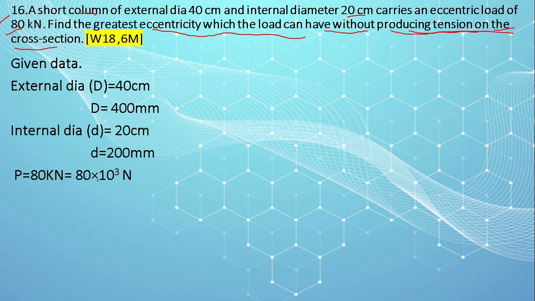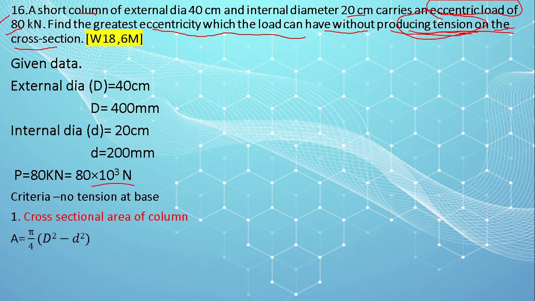Therefore P is equal to 80 into 10 raised to 3 Newton. Now they have given the condition, we have to find the eccentricity so that there should not be any tension in the cross section. There should not be any tensile forces.